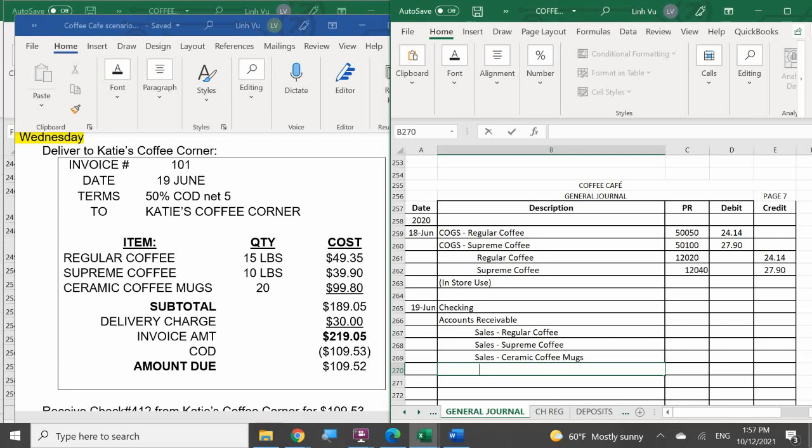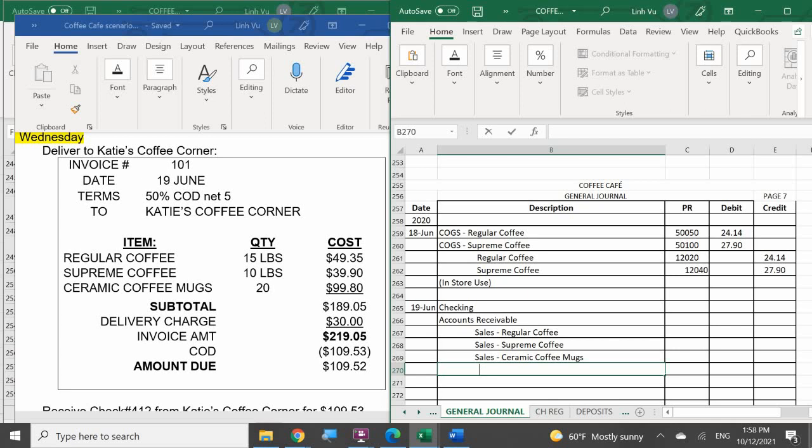So in this case, what is the delivery charge, the $30? Is it operating or non-operating? Is my business delivering coffee? No. What is my main core business? What do I mainly sell? Coffee. So this is considered non-operating or other income.